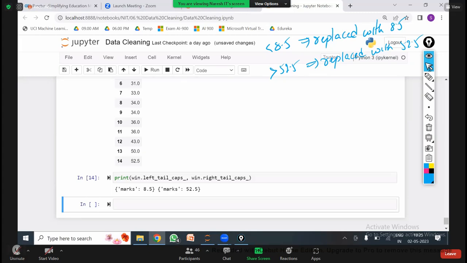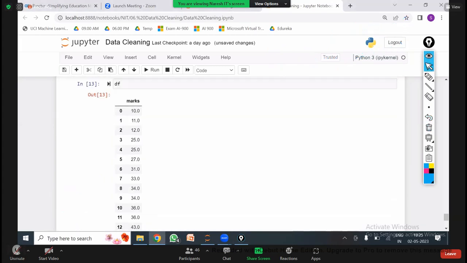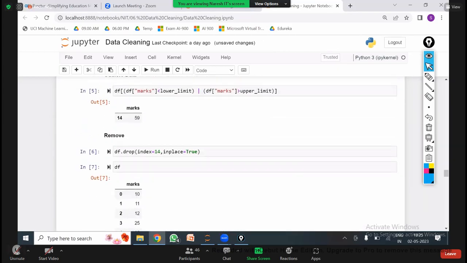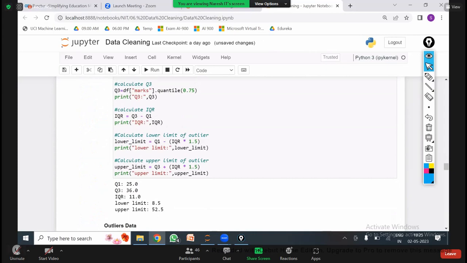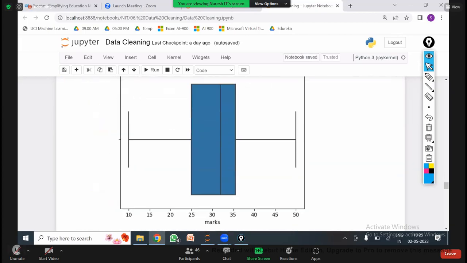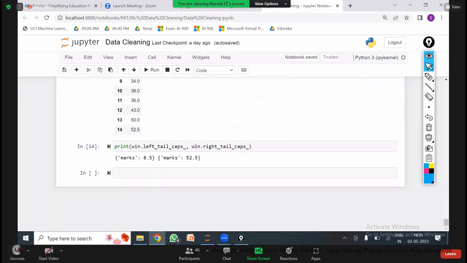How are these two values calculated? Q1 minus 1.5 into IQR and Q3 plus 1.5 into IQR. You can select any dataset as per your choice. For example, in this dataset I did Q1, Q3, IQR and lower limit, which is 8.5, manually. I got the same 8.5 and 52.5 here in the Winsorizer technique also.